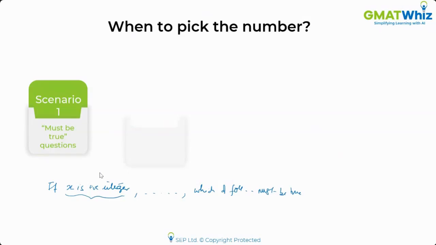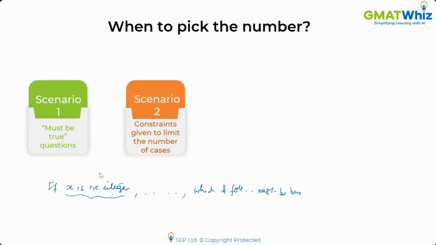The second scenario in which you can pick numbers is that it's not necessary to always have a must-be-true question. There will be certain questions where you are just given the constraints, and these constraints might limit the number of cases that you need to check. For example, if x is a prime number less than, say, 30, or if they give you a range, say, if x squared is less than 1.